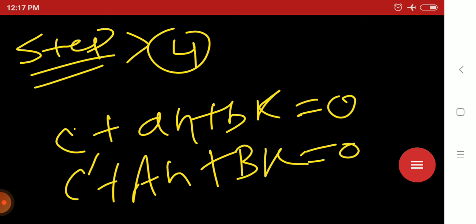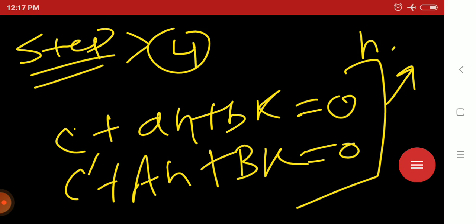By solving this, you have to get h and k. Now after that, with those h and k, put dy by dx equals aX plus bY divided by AX plus BY.